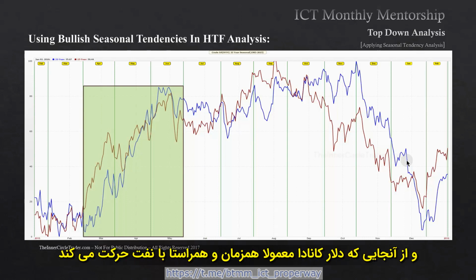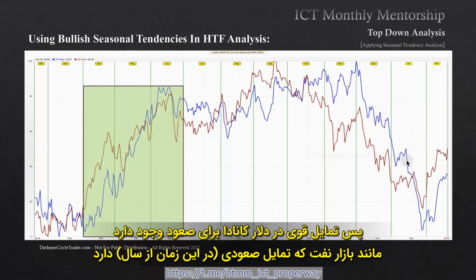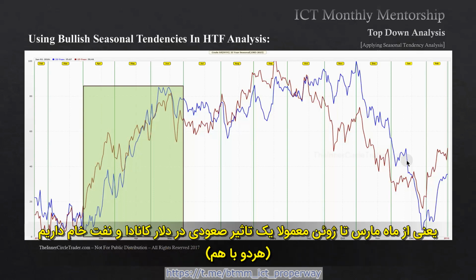And since the Canadian dollar generally moves almost in tandem with oil, the strong tendency for the Canadian dollar to rally and the crude oil market to rally at this time of year means we have a March to June, basically a bullish effect for the Canadian dollar and crude oil coupled together.